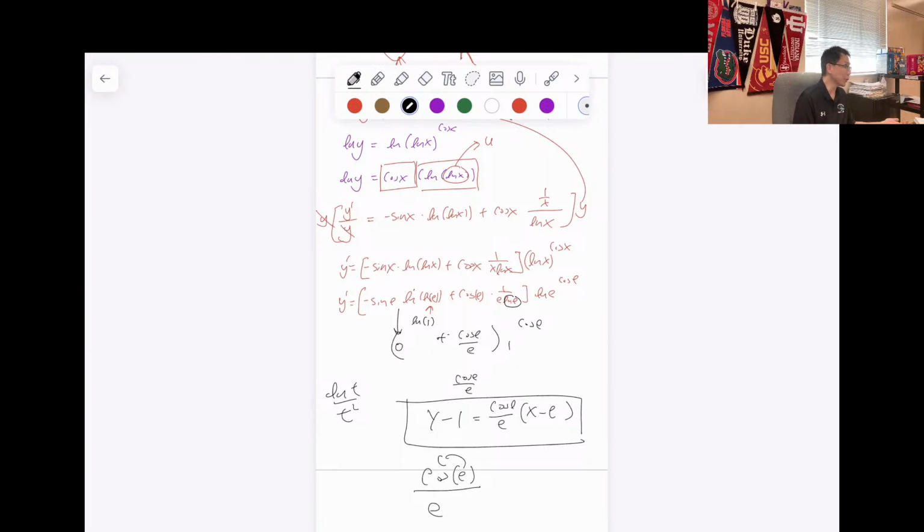But if you're a good math student, you know cosine of e is actually a negative number. That's the only thing I can tell you. E is 2.71, which is very close to the x-axis in the second quadrant, so cosine has to be negative.